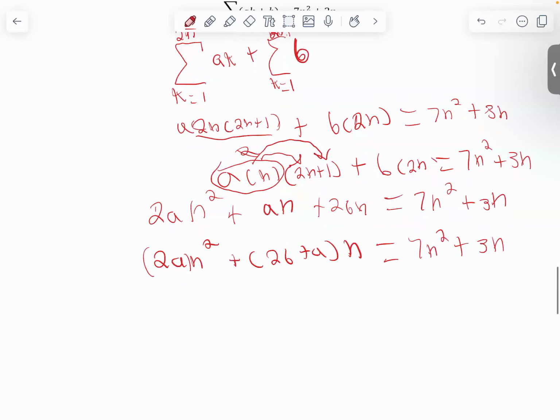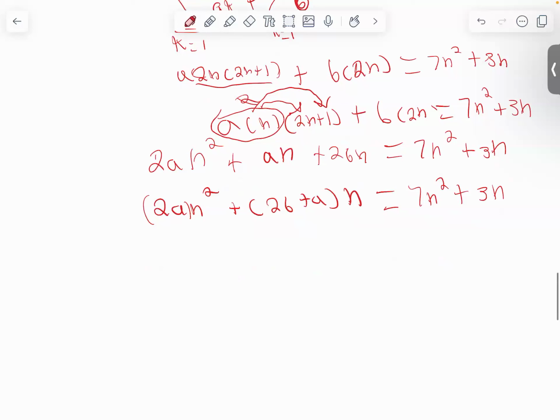And then now to evaluate this, you just set them equal to their matching coefficients. So the 2a n squared is going to be equal to the 7n squared. So it's just 2a is equal to 7. And the 2b plus a is going to be equal to the matching coefficient of 3n. So you have 2b plus a is equal to 3.